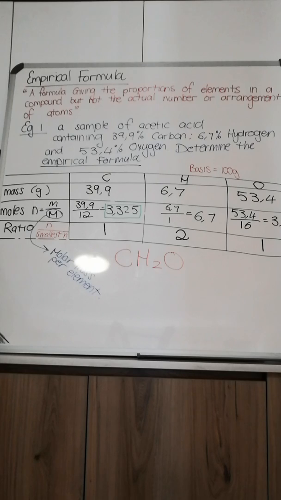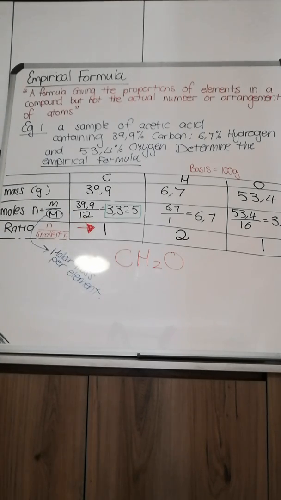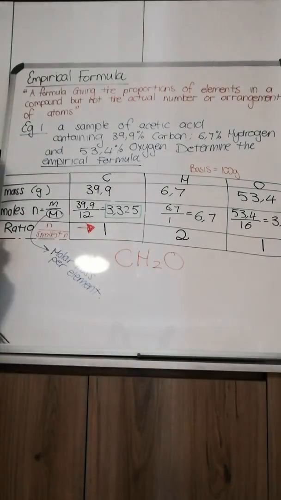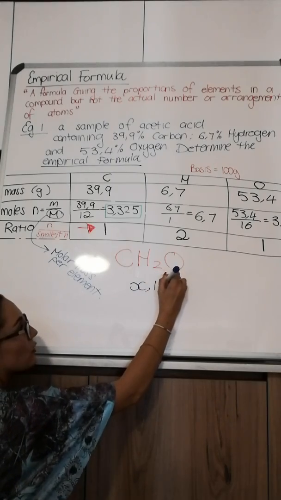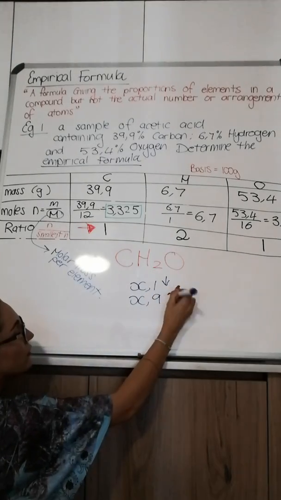Okay, now the question comes in of when is it okay to round these values off to a whole number and when is it not, because they must be a whole number. Okay, you cannot have decimals here in your bonding ratios. It has to be a whole number, so we now need to figure out when is it okay to round off and when is it not okay to round off. So the general rule is if you have something point 1, you can round off downwards. If you have something point 9, you can round off upwards.